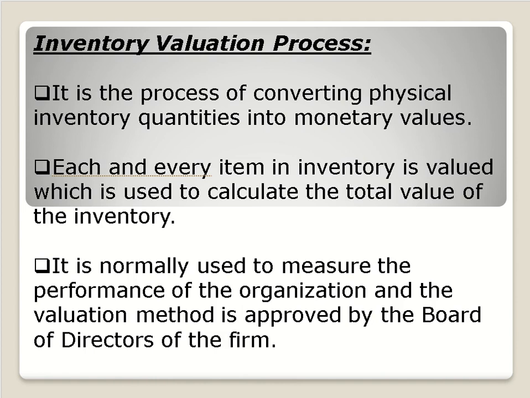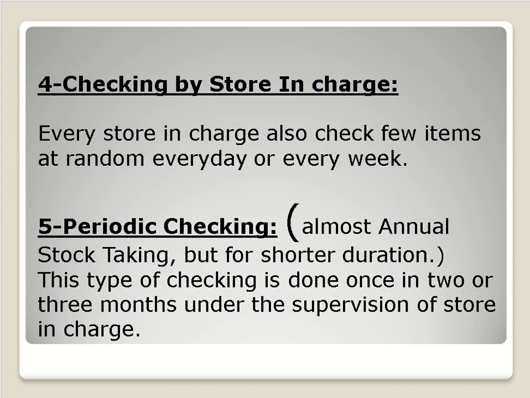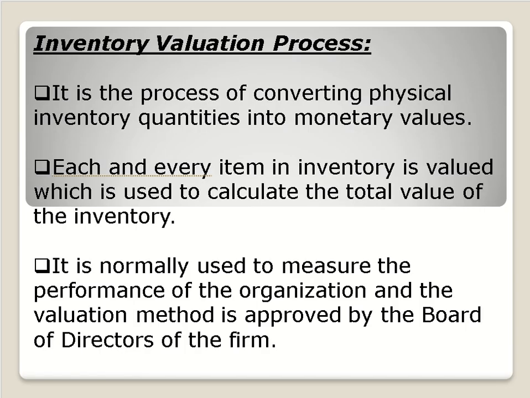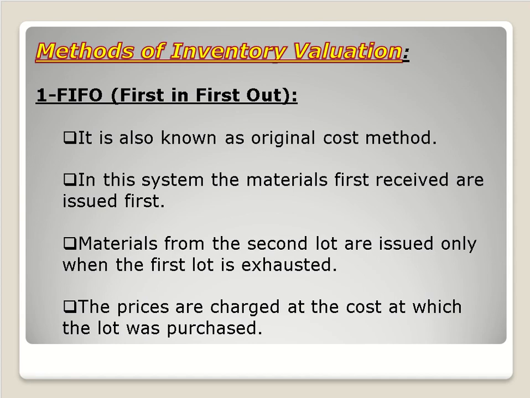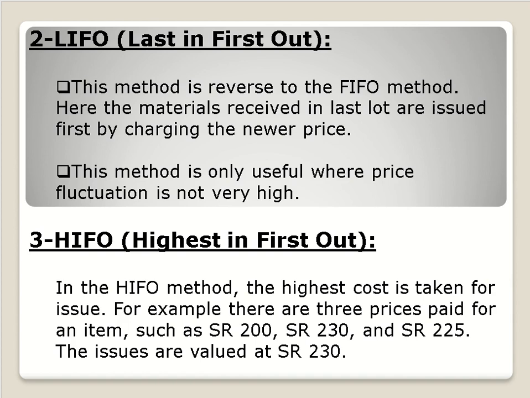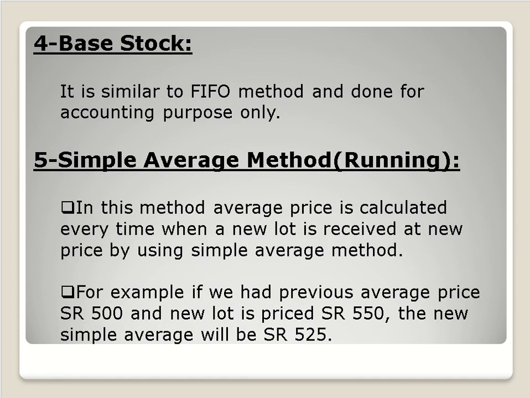Then let's continue. Inventory, but after you have counted the ones that are available, you now go to evaluate them. You do inventory valuation. And when we do inventory valuation, there are different types, methods of inventory valuation. You have FIFO, you have LIFO, HIFO, you have base stock.